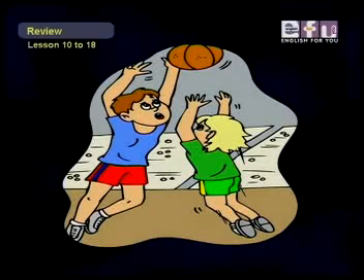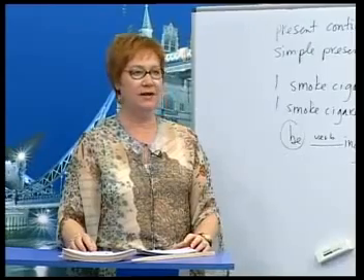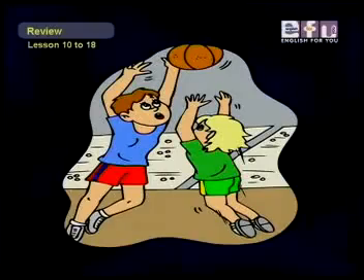So first, we have a picture that Ali is going to tell us a little bit about. They are playing basketball. Okay. Are they doing anything else? They are jumping. Good. Okay. What is the girl wearing? The girl is wearing a green blouse.